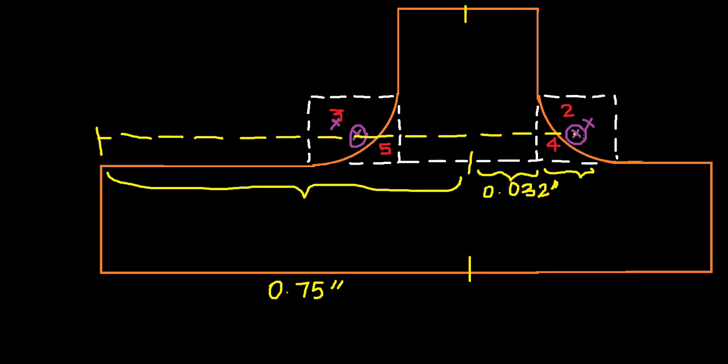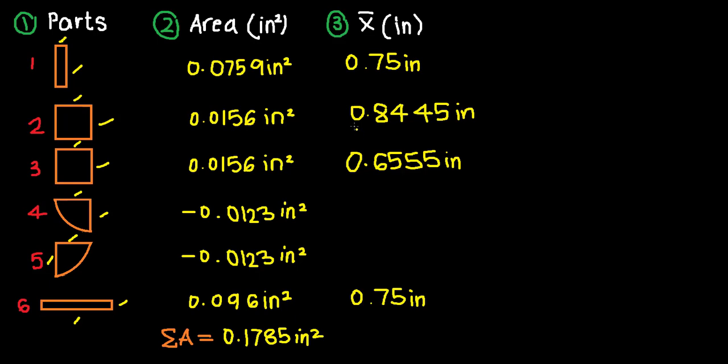Simply being at the center will mean that by dividing 1 by 8 over 2, we can get this length. So altogether, by adding all of these lengths, we would get our position for shape number 2, which is 0.8445 inches. Okay, so now let's proceed to our quarter circles.